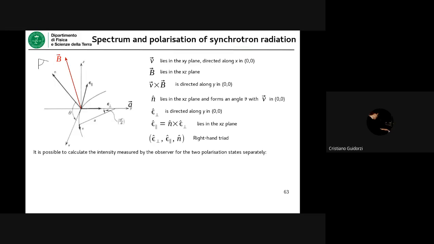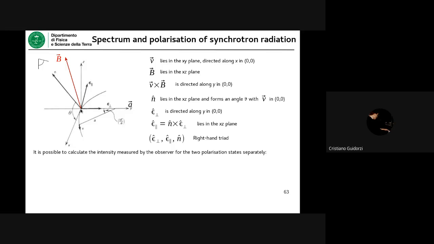And if you remember, there's an n vector and a b dot, something like this, and then n vector again, and you have the direction of the electric field.